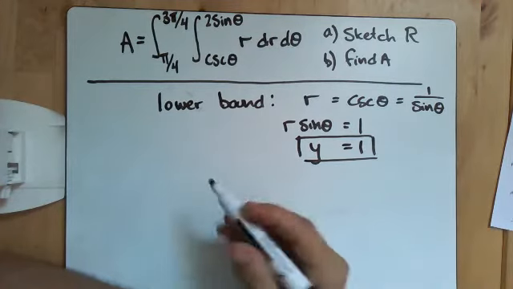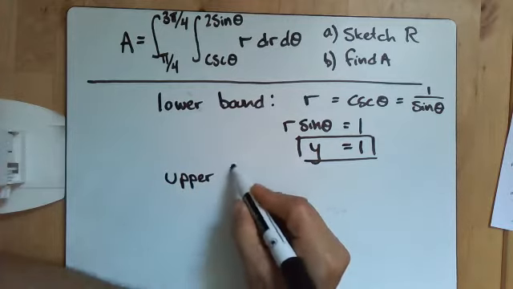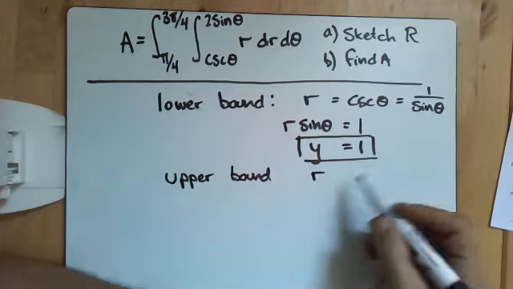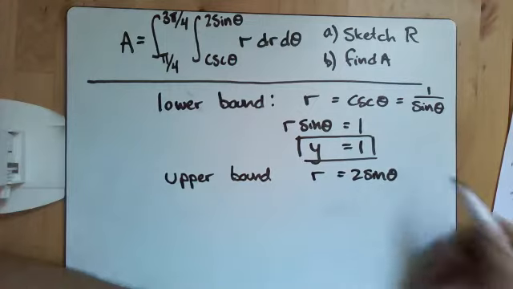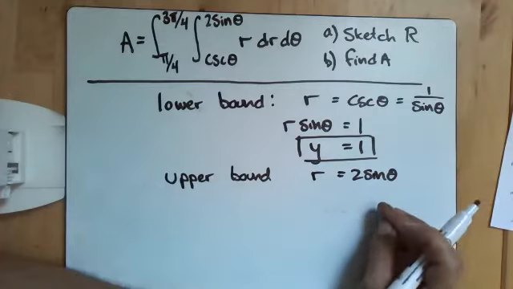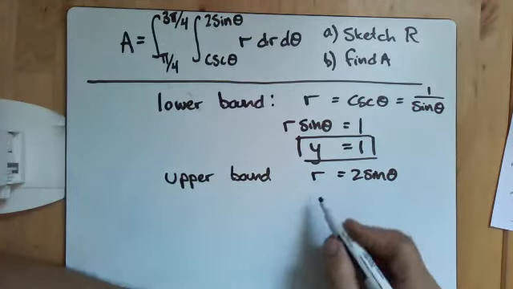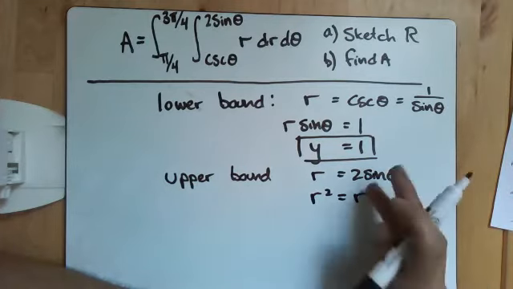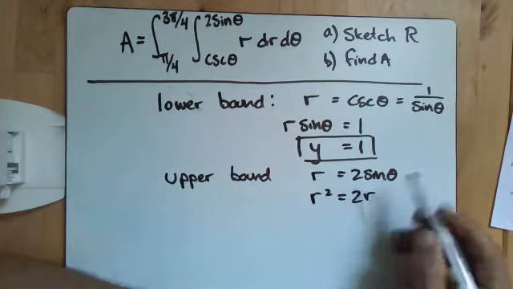Okay, let's try to do the same thing for the upper bound. So for our upper bound, r is equal to 2 sine theta. You can see I can't do exactly the same thing, but one thing that I could do is multiply both sides by r. Then I have r squared equal to 2r sine theta.